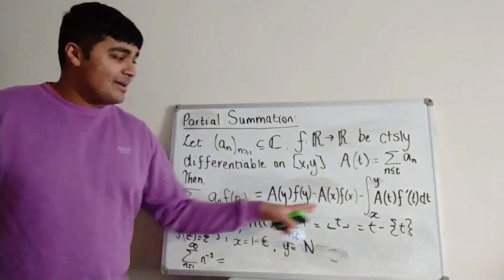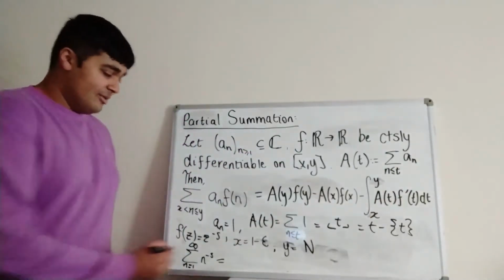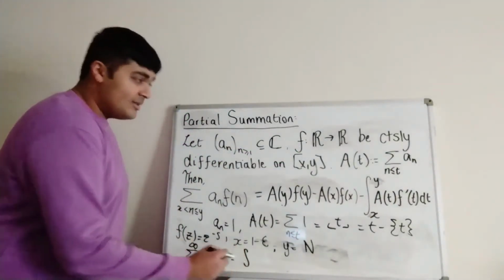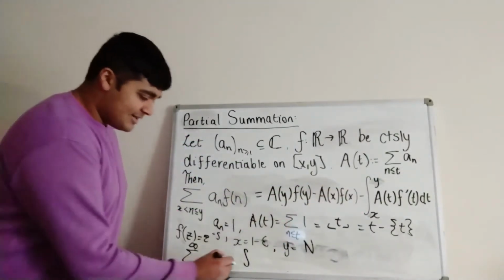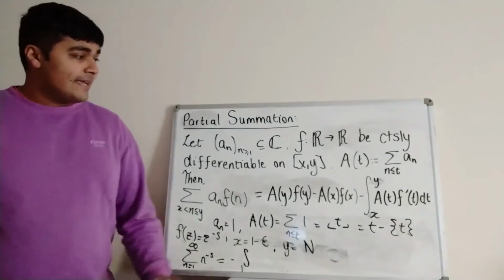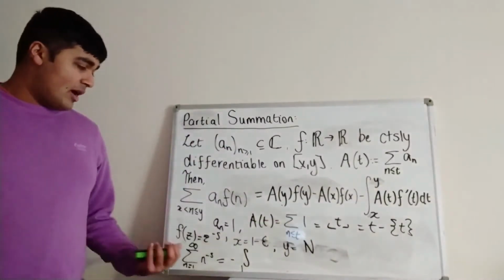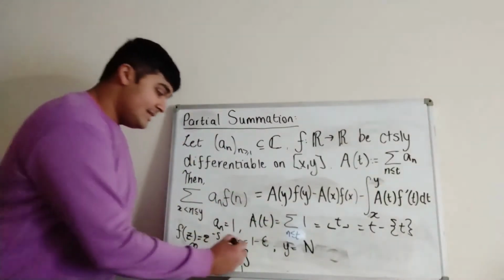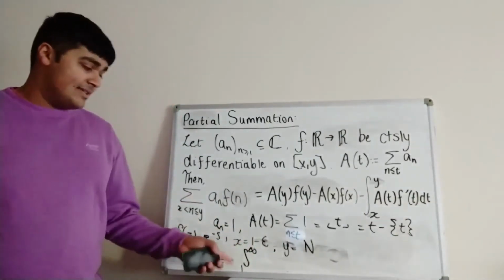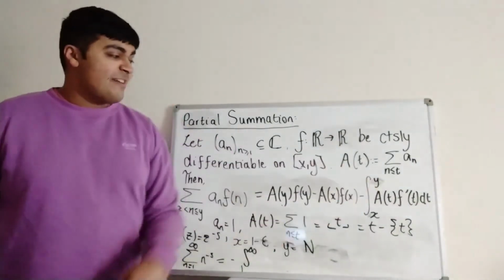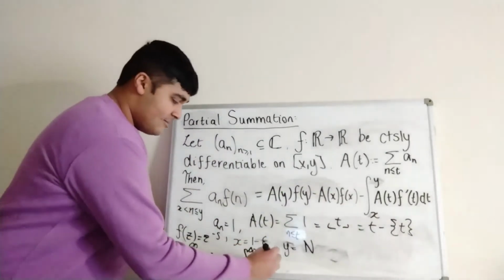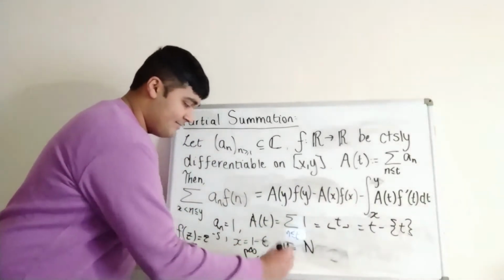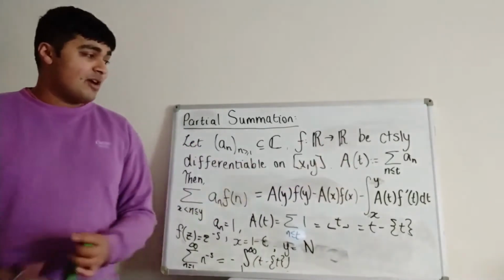So all we have now is just this last part here, the integral. We've got minus the integral from x, which is 1 minus epsilon, but we're going to take epsilon to 0, so it's just going to be the integral from 1 to y. And remember, y is N, but we've taken N to infinity, so minus the integral from 1 to infinity of A of t, which remember is just t minus the fractional part of t, multiplied by f prime of t dt.